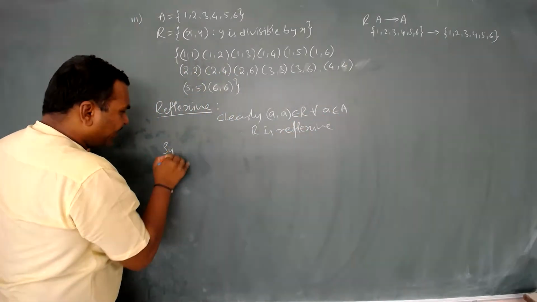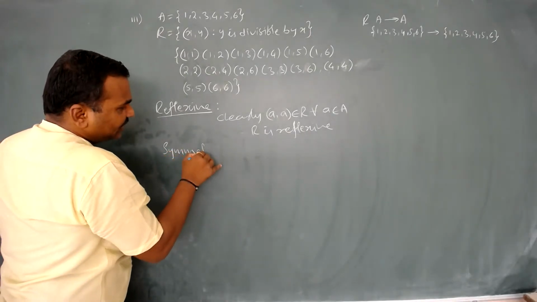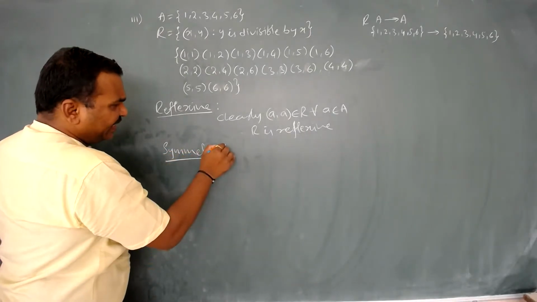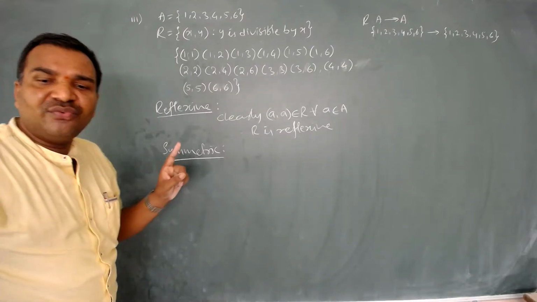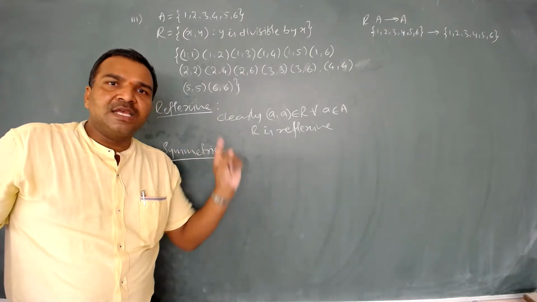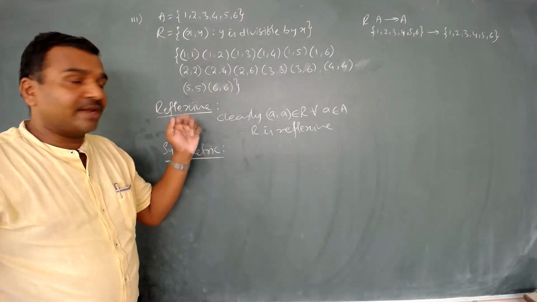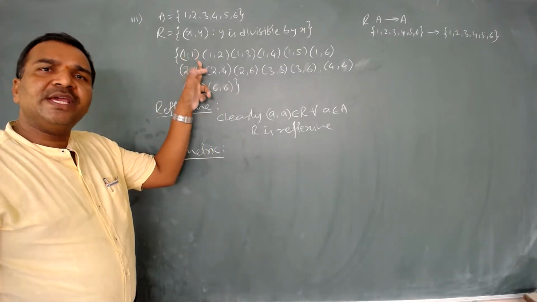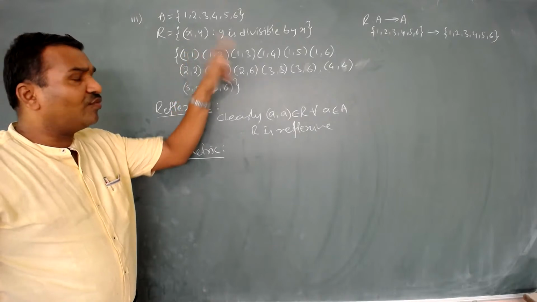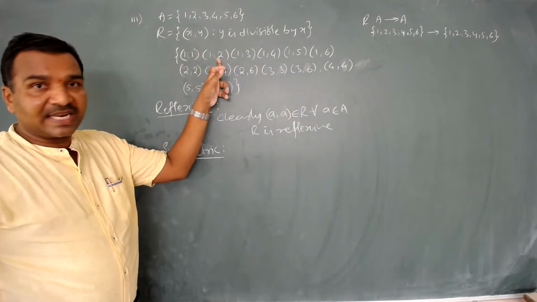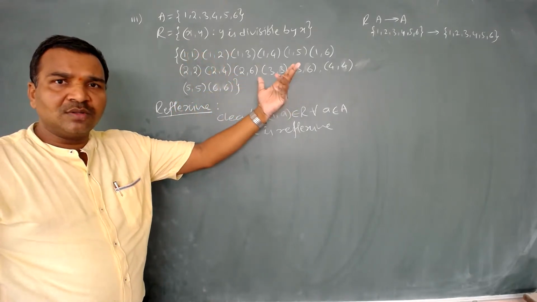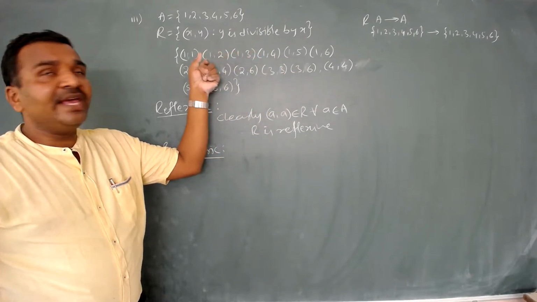Next, go for symmetric. Is it symmetric or not? What is symmetric? If (a, b) belongs to R implies (b, a) also belongs to R. So if (a, b) is there, (b, a) should be there. For 1,1, (b, a) is also 1,1, so it is possible. Next, go for another element. 1,2 is there. Is there 2,1? No. So (a, b) is there, (b, a) is not there.